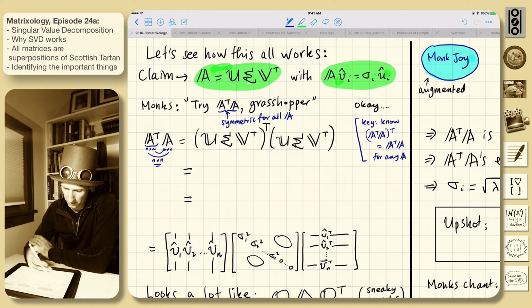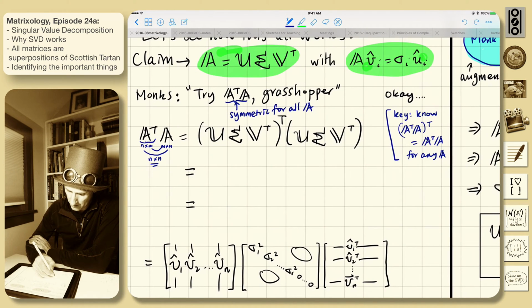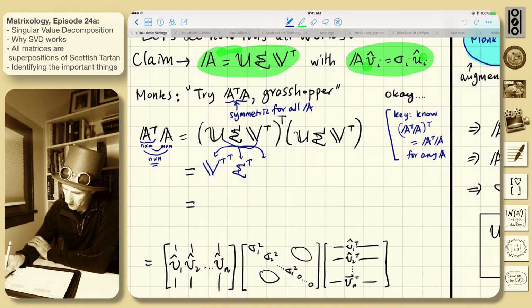Okay, so let's do it. We're going to put in this form that the monks have told us to believe in. So we get V, V transpose, that's this piece, transpose, sigma transpose, and then U goes over here.